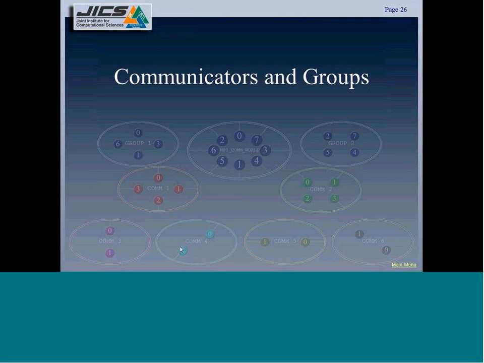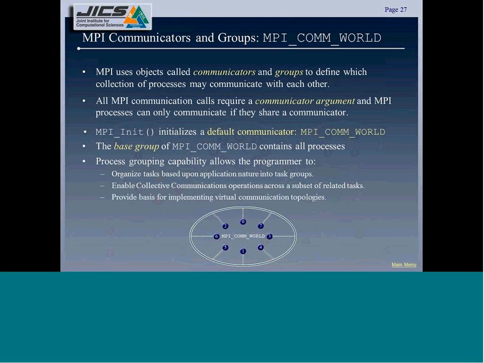Let's now talk about communicators. I keep saying that you're sending messages to the communicator, and for collective calls in particular, the processes have to share the same communicator when they're executed by the processes in that group.